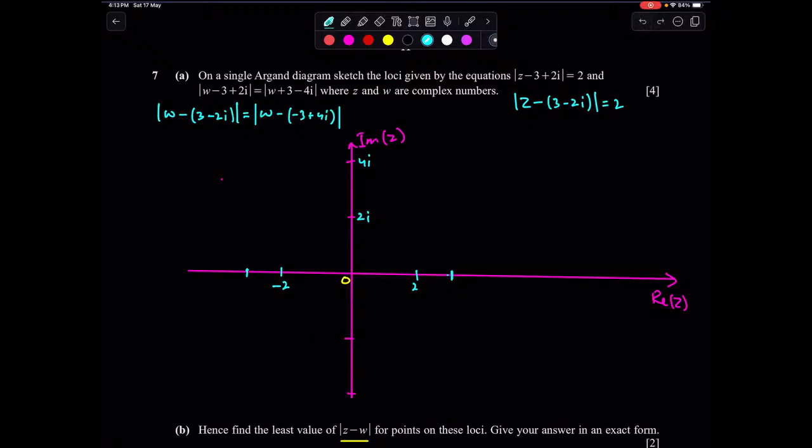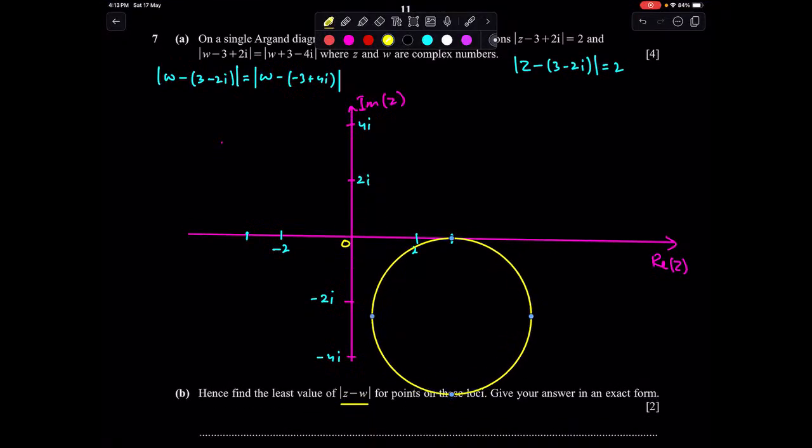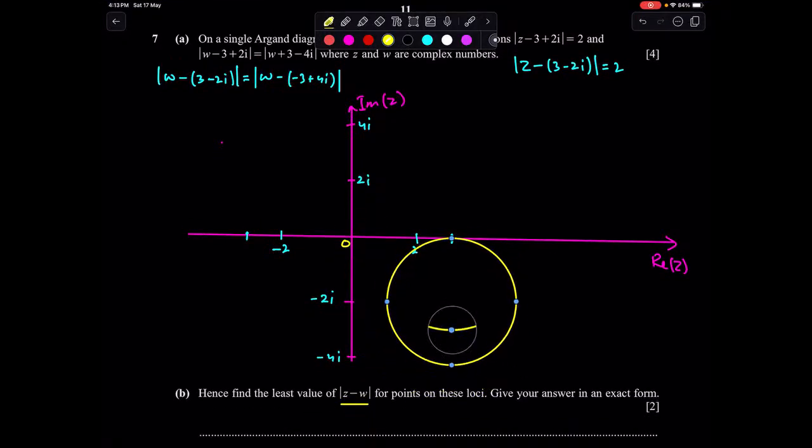This is negative 2i, negative 4i. Now draw the circle of radius 2. This is better.